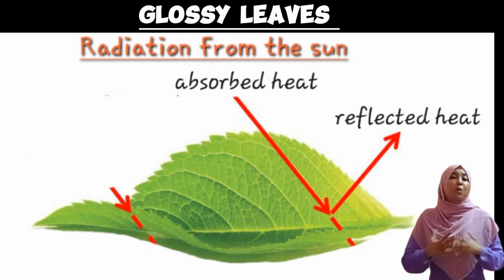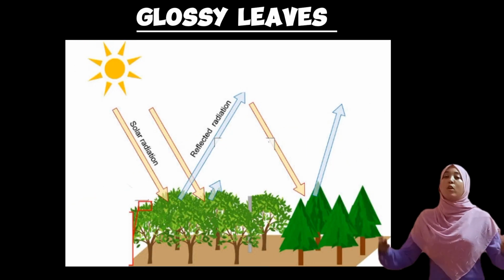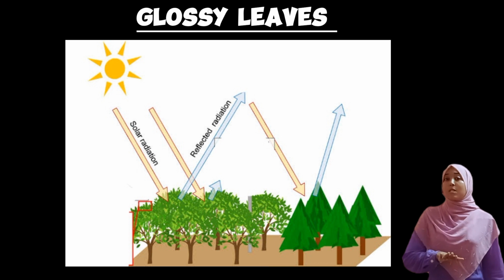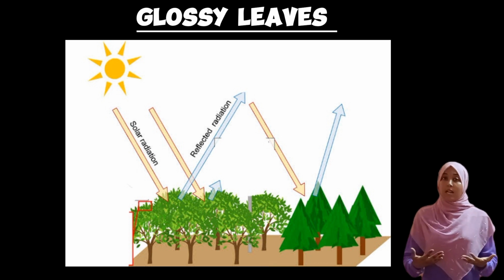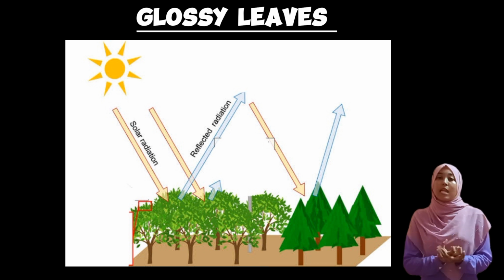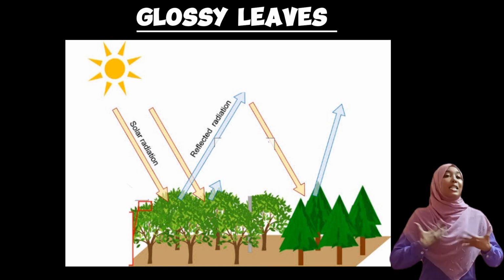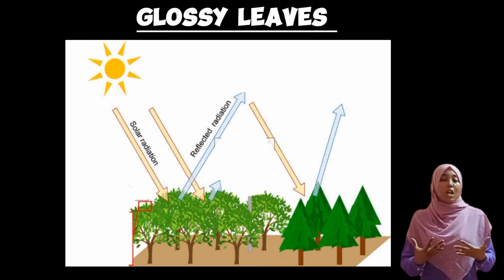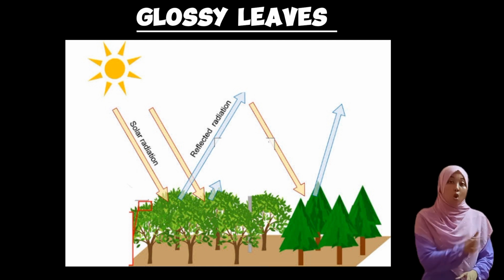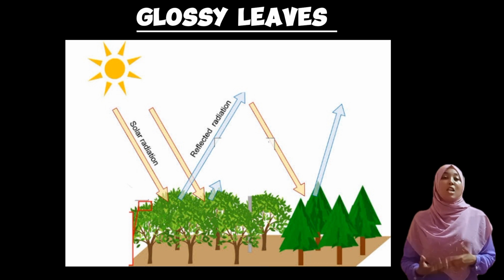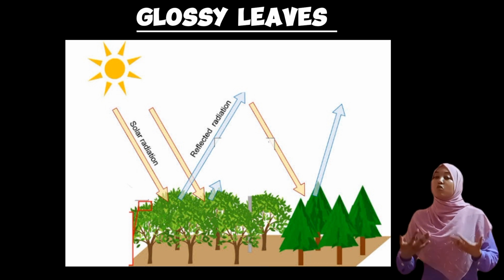When you are exposed to the sun, yes, you are going to have light energy, but at the same time, you're also going to have heat energy. So when leaves are exposed to the sun, you find that by absorbing heat energy from the sun, it increases the internal temperature of the leaves. So by doing so, it also increases the amount of water vapor that is lost by the leaves. So this increases the rate of transpiration.